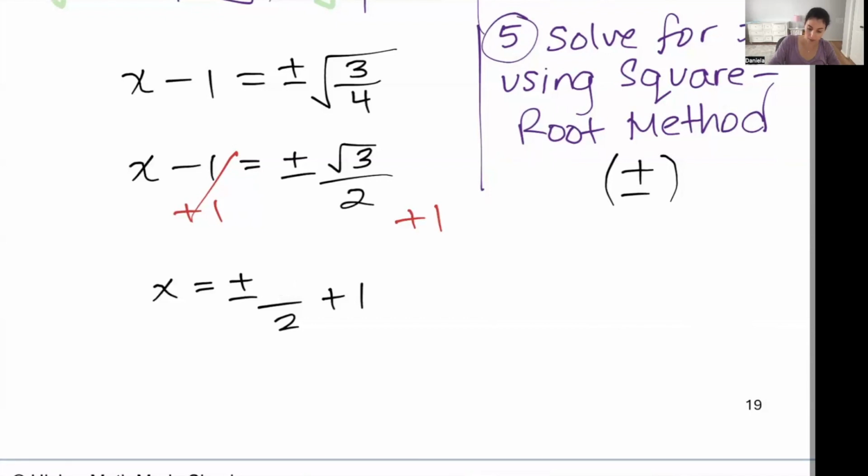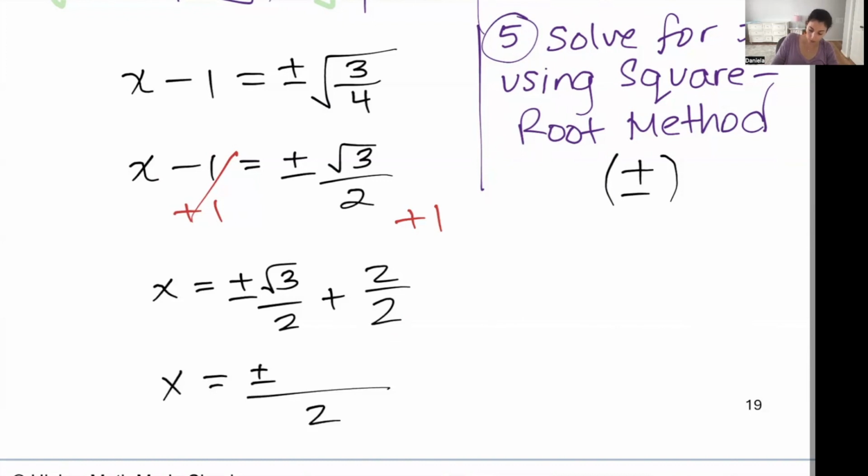So how does this compare to part A? How can that possibly be the same answer? Actually, if you add those, you need a common denominator. So that's like 1/1, so we're going to have to multiply these by 2. So that's the same thing as plus 2/2. Now that we have common denominators, you can combine the numerators.